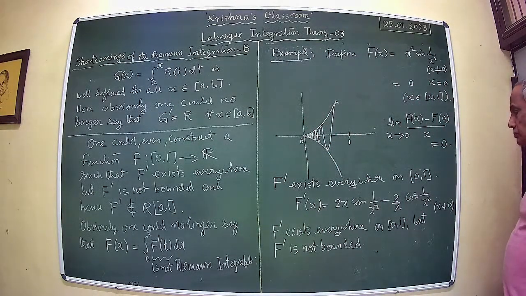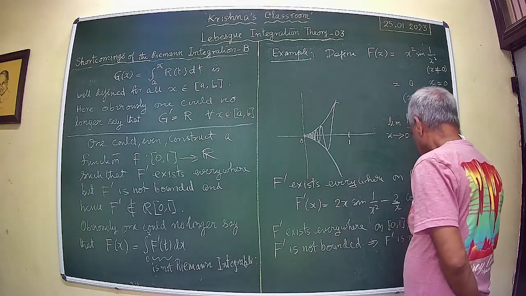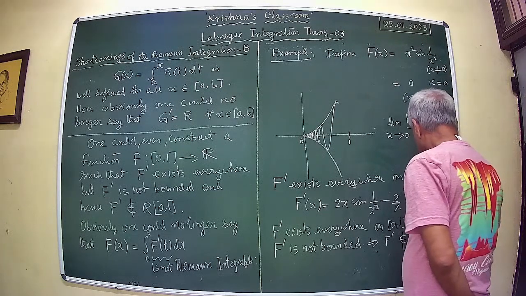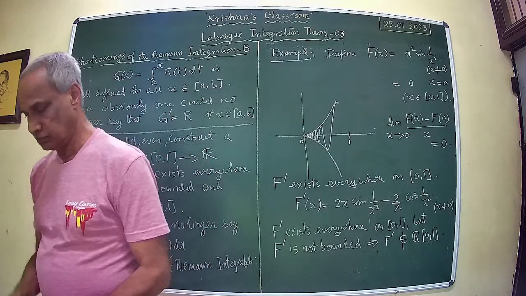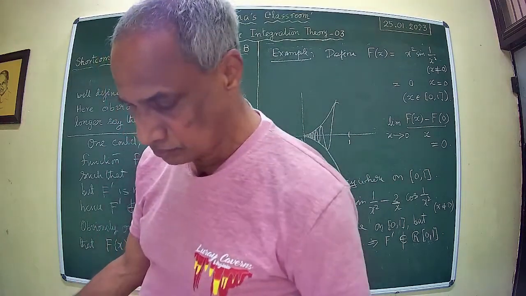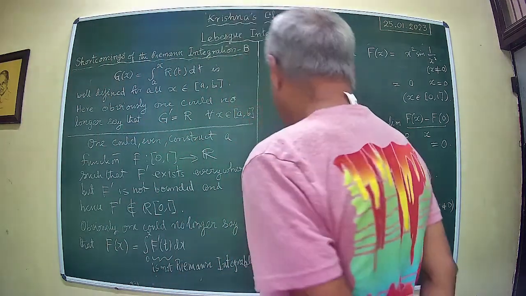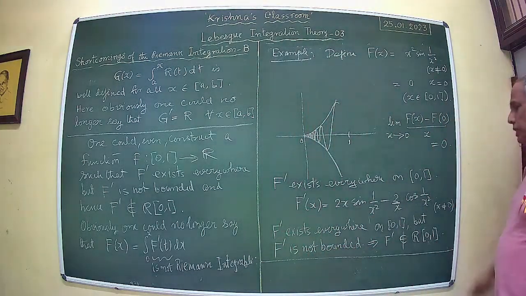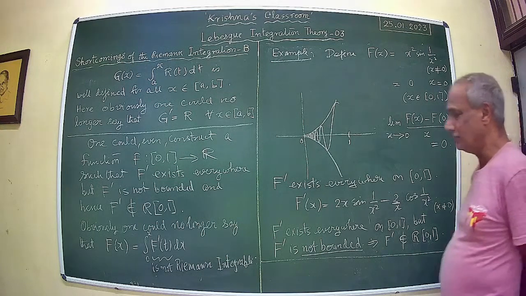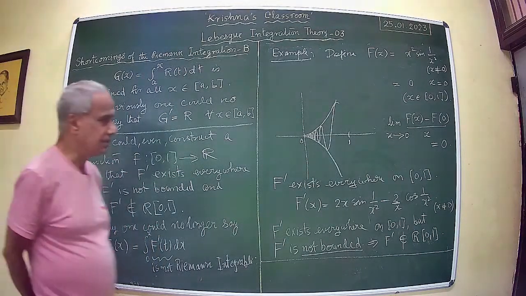Unbounded. Okay. Therefore, now you see here you have f dash not bounded, okay, and you can even construct a function f with bounded derivative where f derivative is not Riemann integrable.